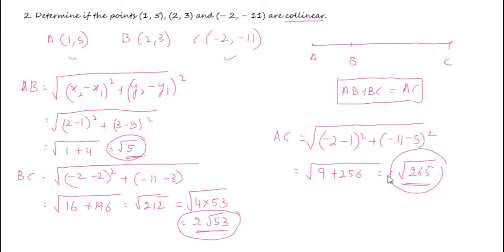And if you compare, AC is the largest side, so you must have the relation AC equal to AB plus BC for these 3 points to be collinear, but AC is not equal to AB plus BC, therefore points A, B, C are non-collinear.